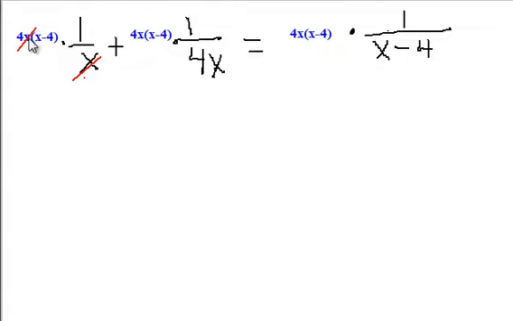And anything multiplies, so there's really a 1 here. 4 times 1 times x minus 4 is simply 4 times x minus 4. And there's also a 1 here in the denominator. But whenever 1 is a denominator, I can leave that denominator unwritten.